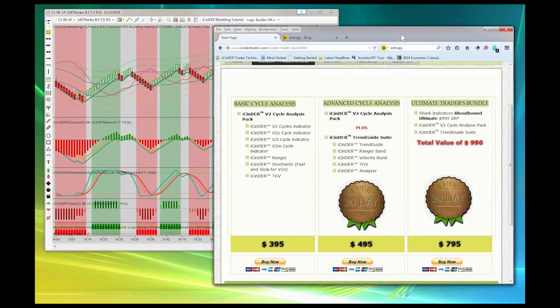I guess the next question is, how many people in here don't own BloodHound? You got Steven, Scott, Frank, Gene, Andres. Okay. So let me just point this out to you guys. BloodHound is by far the most inexpensive tool in the industry for you guys to be able to build trading systems and strategies, to deploy them and to validate them.